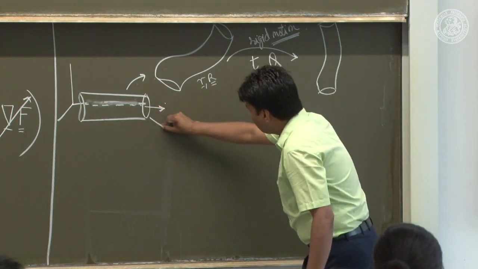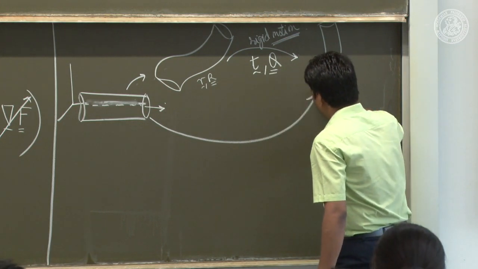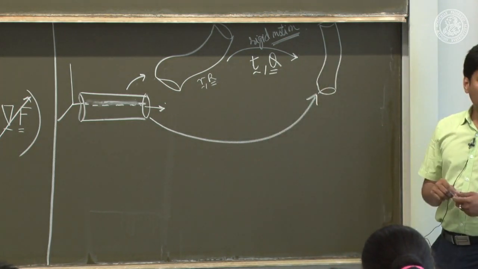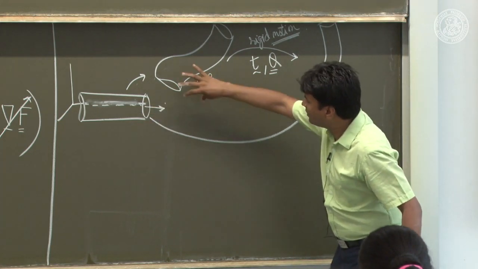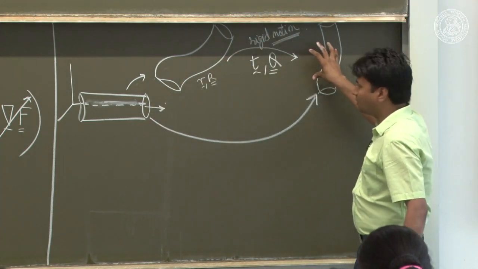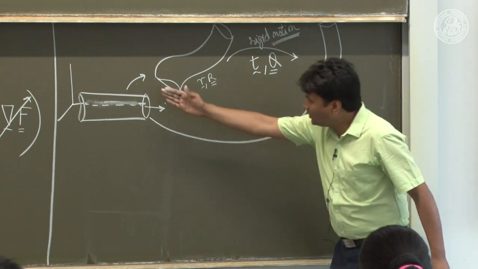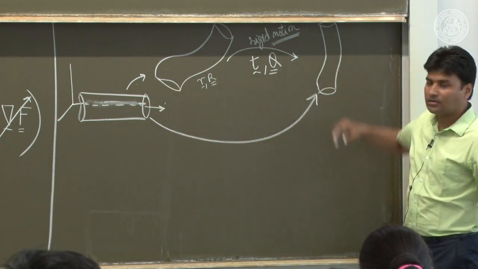You can also reach there through a different map. One way to reach here is first you apply this little r capital R, then you apply this rigid motion. The other way could be a direct way.